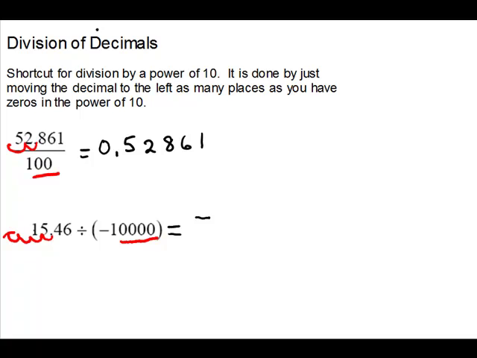So we're going to have to add 2 zeros here. And a 0 on the left. So we had 15.46. We moved 4 places to the left for the 4 zeros. 1, 2, 3, 4. And that's our answer. You could always check these by long division if you forget the shortcut.